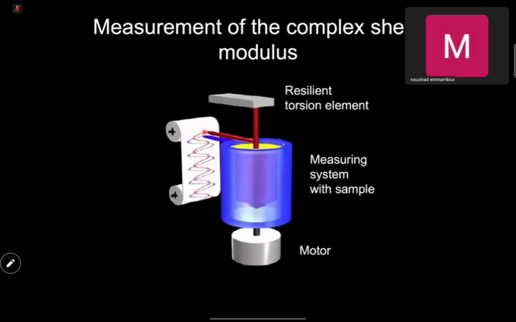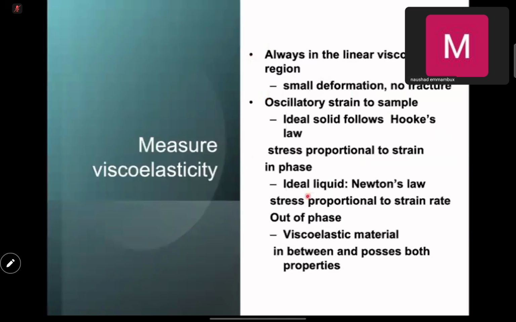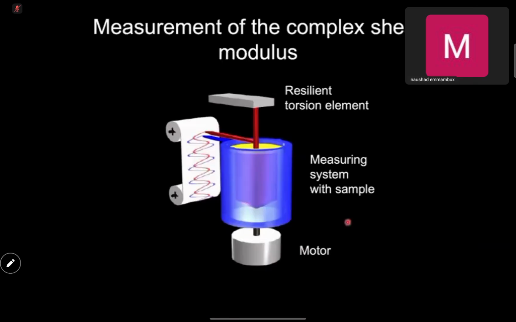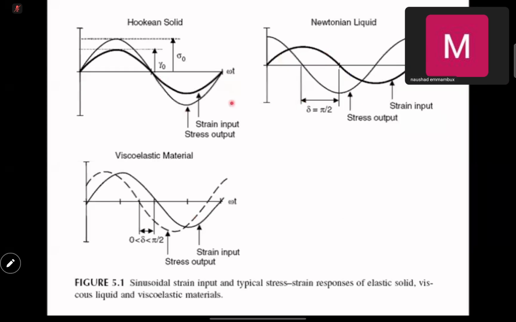The strain and stress are within the linear range, so you will get the moduli, and that's the first thing. And because it is based on the law here, there will be some in phase and some out of phase material. Okay, so this is what we have here.